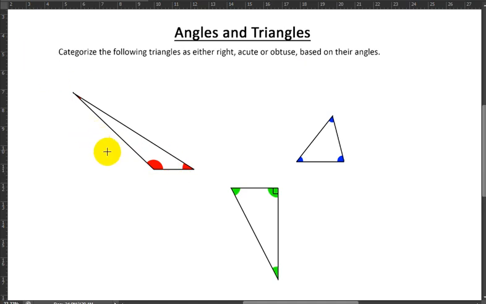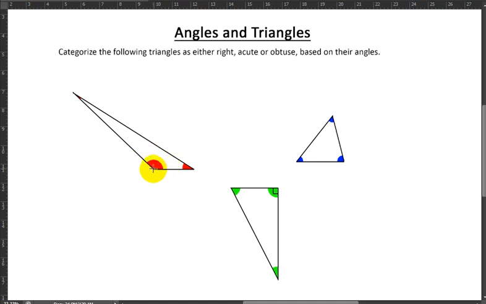What can we see? We can see, well, this is obviously less than 90. This is a very small angle, so it's going to be acute. And this also looks kind of small, so it's going to be acute. I'm not going to use a protractor here, so that's the first exercise that you can pause and do on your own. So we have two acute angles, but this is a very open angle.